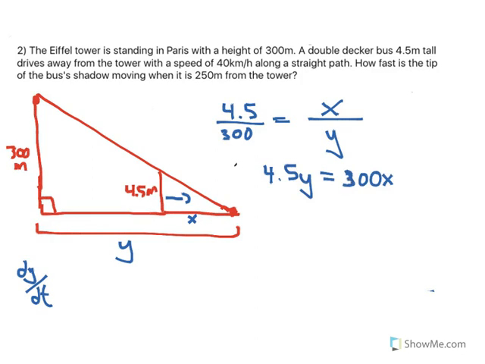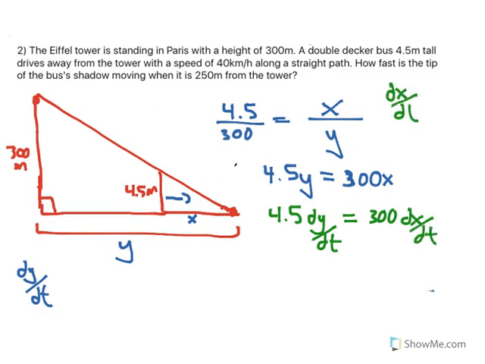Perfect. Now in related rate questions, we can just differentiate both sides. We differentiate each variable with respect to time. So the derivative of y is just 1 times dy by dt, and 300x is 300 dx by dt. We were told that dx by dt, or the speed at which he's driving, is 40 kilometers per hour. Perfect.